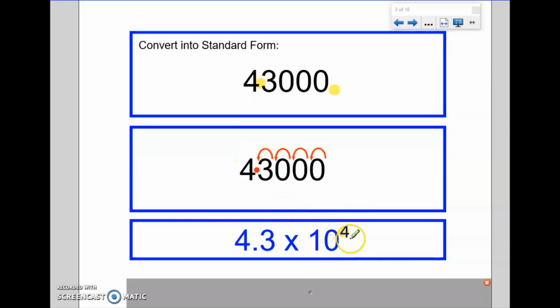Mathematically speaking, it means that I divided by 10 to the power of 4. I divided by 10 4 times to get this 4.3. But when we're just trying to visualize what's happening, we can visualize moving the decimal point 4 times, which is why I've ended up with an index number of 4.